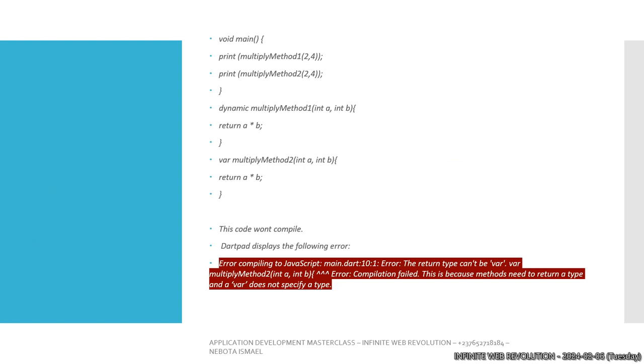Okay, so this is an example of a code program. Now if you run this program, it is going to display an error compiling JavaScript. The methods need to return a type and a var does not specify a type. Okay, now let's see what this is all about. Let's try to get this code running exactly like this.